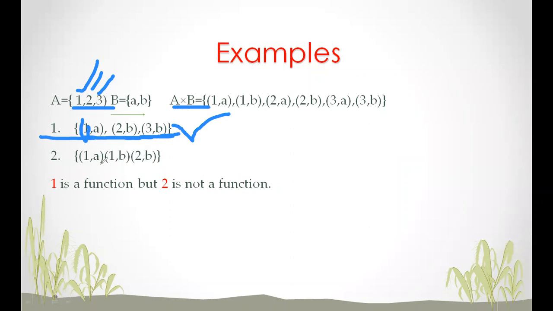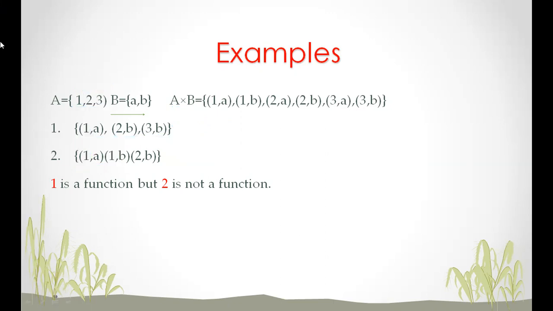But here you see 1 and 1. The second condition does not hold here, because we write 1 two times, and in our condition of a function we say the first element appears exactly once, but here 1 repeats two times. That is why we say it is not a function.